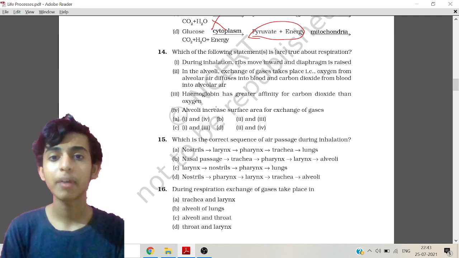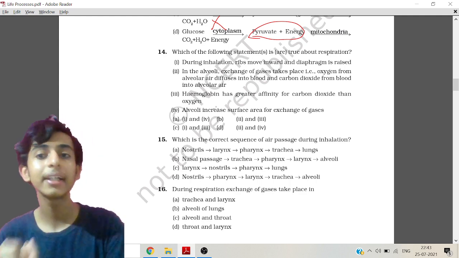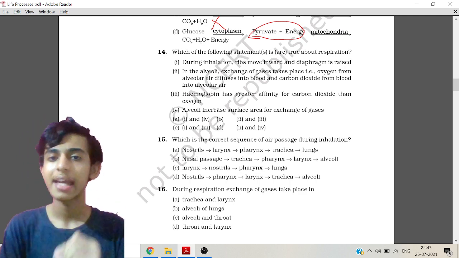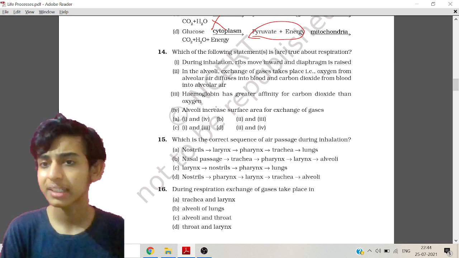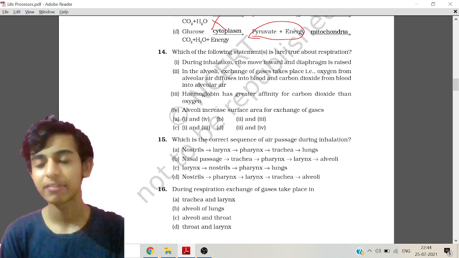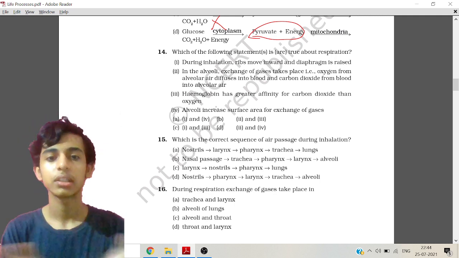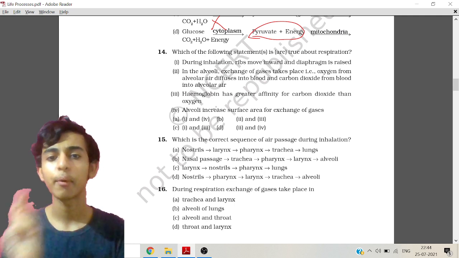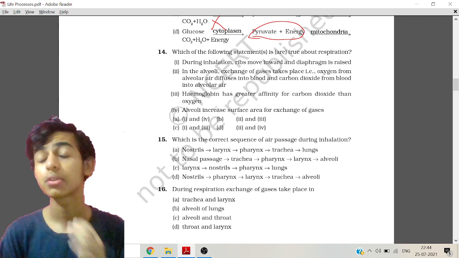That is, oxygen from alveolar air diffuses into blood and carbon dioxide from blood into alveolar air. Third, hemoglobin has greater affinity for carbon dioxide than oxygen. Or fourth, alveoli increase surface area for exchange of gases. So here are your options: A 1 and 4, B 2 and 3, C 1 and 3, or D 1 and 2 and 4.